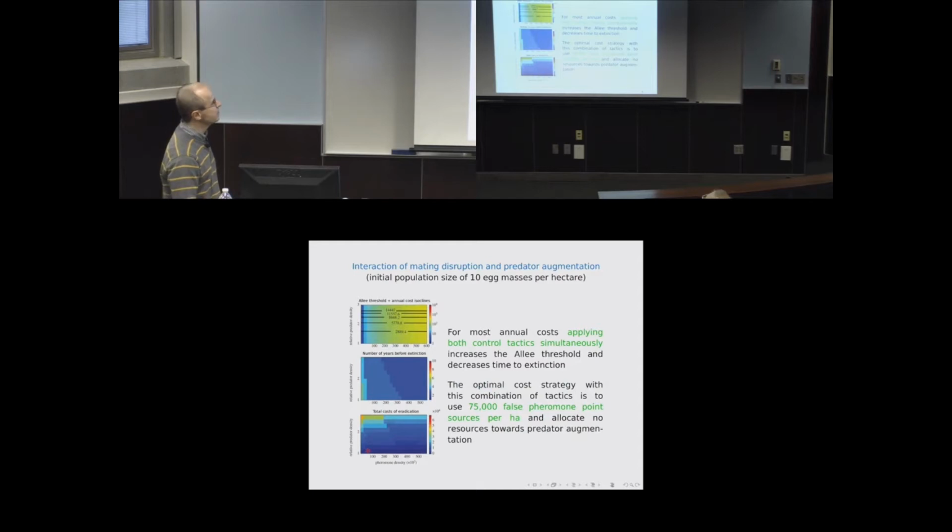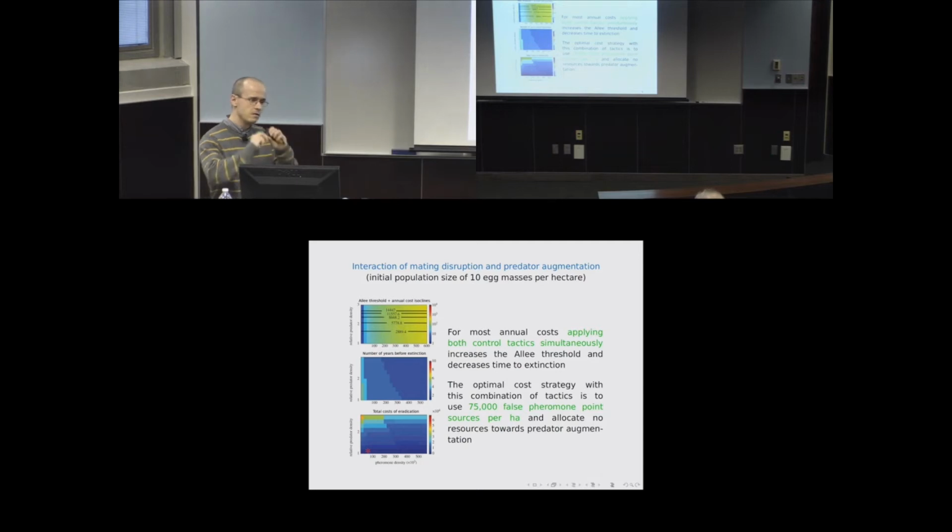If we combine mating disruption and predator augmentation, we get very similar graphs. Again, it's not that efficient to use predators because the cost isolines are almost horizontal here, and the optimal control method is to release only pheromones, something like 75,000 pheromone point sources per hectare.